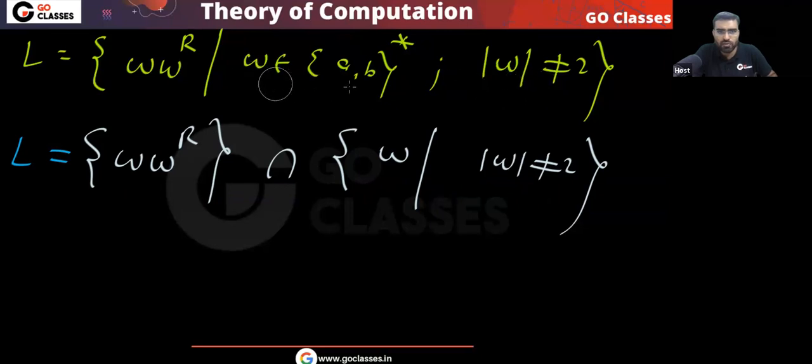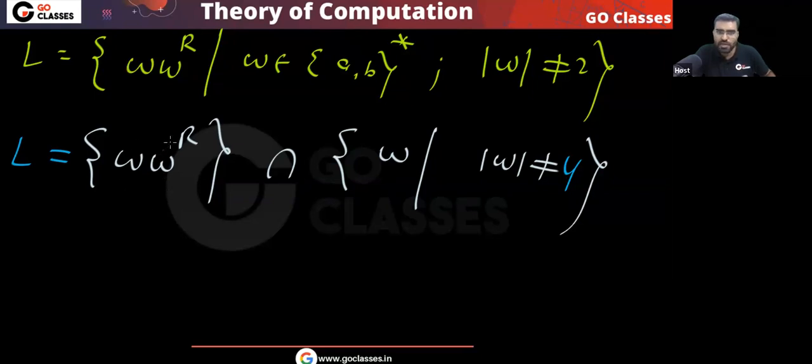W length is not equal to 2, so I should write 4 here. Because if W length is 2, then WW reverse will have length 4. Yes or no, is this correct?